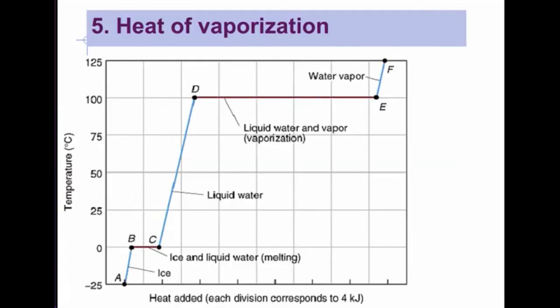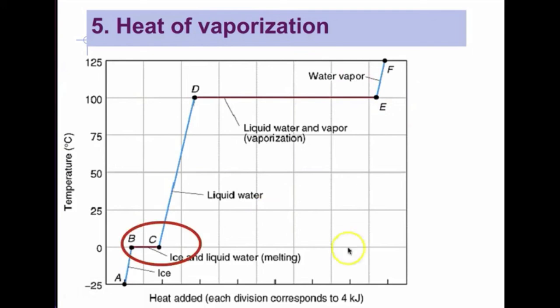The last one is heat of vaporization. Heat of vaporization is the amount of heat that will cause water to change from liquid to gas. As you can see in this diagram, it takes about 100 degrees Celsius for water to start evaporating and become water vapor.